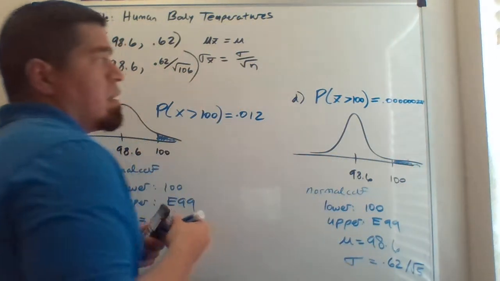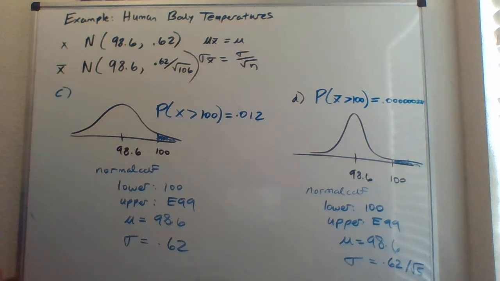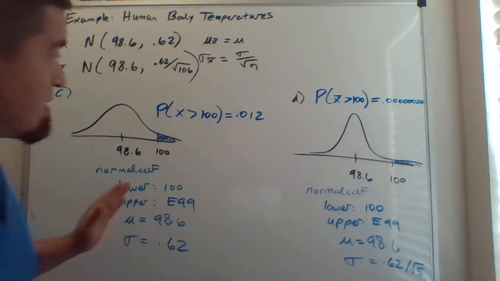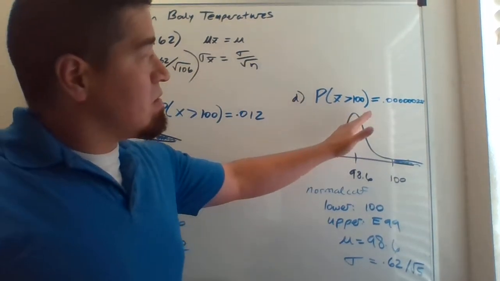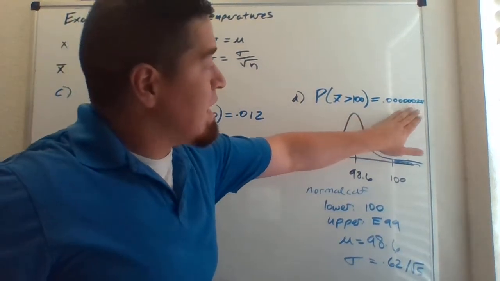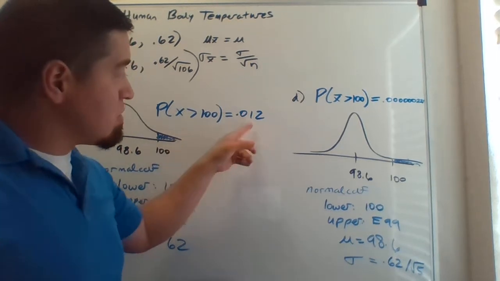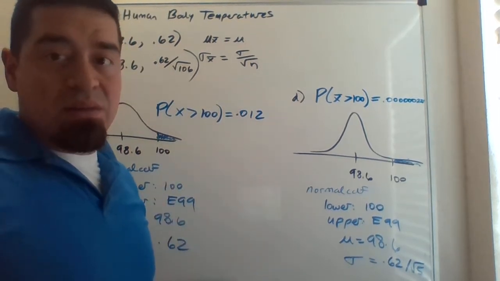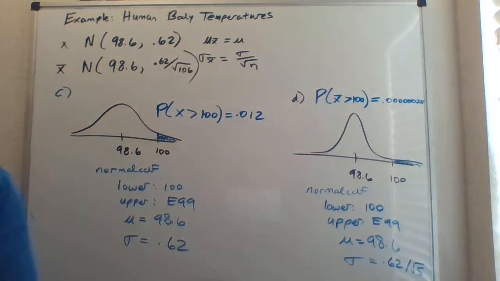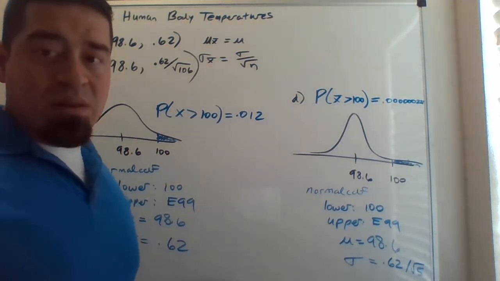Okay, very small number. So again, solidifies the fact that the chance of having a group higher than 100 is much less likely than having an individual of getting higher than 100 degrees temperature Fahrenheit. Okay, so I'm going to clear this out and I'll work on the next two.